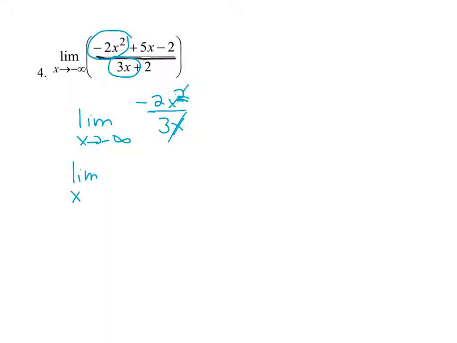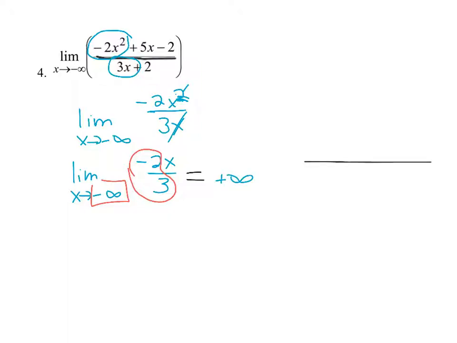So this is the limit as x approaches negative infinity of negative 2x over 3. So now we're taking a negative number times the largest negative number ever. Well, a negative super big number times negative 2/3 will just equal positive infinity.